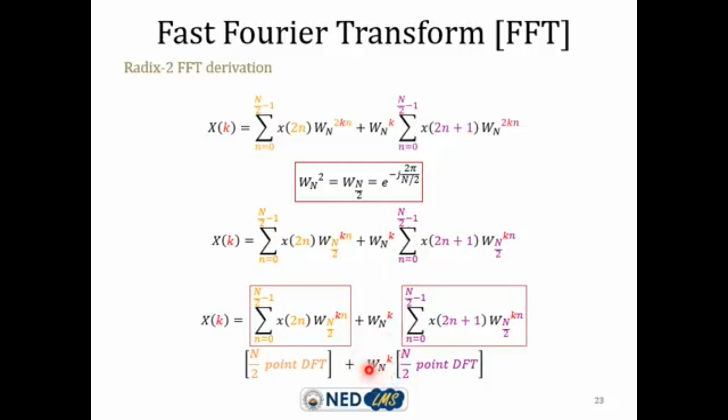The thing to remember is that the first N by 2 point DFT outputs will appear as they are, while the second N by 2 point DFT outputs will be multiplied with some multiplication factors W_N^k before addition, and we have to consider this during the reconstruction phase.